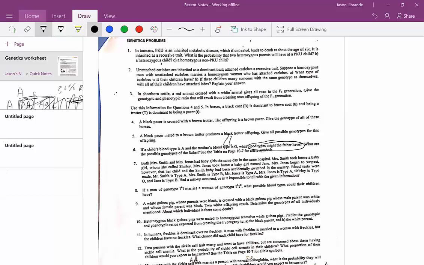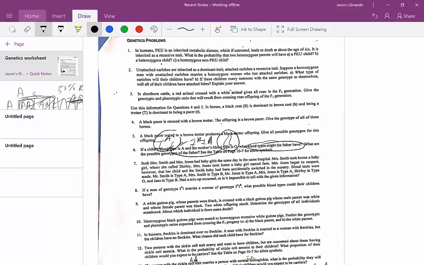So we know the child's blood type is A, so it's either I^A i, or I^A I^A. So essentially those are the two possibilities here. However, we know the mother has two lowercase i's, and she's type O. So you know the child must have at least one lowercase i.